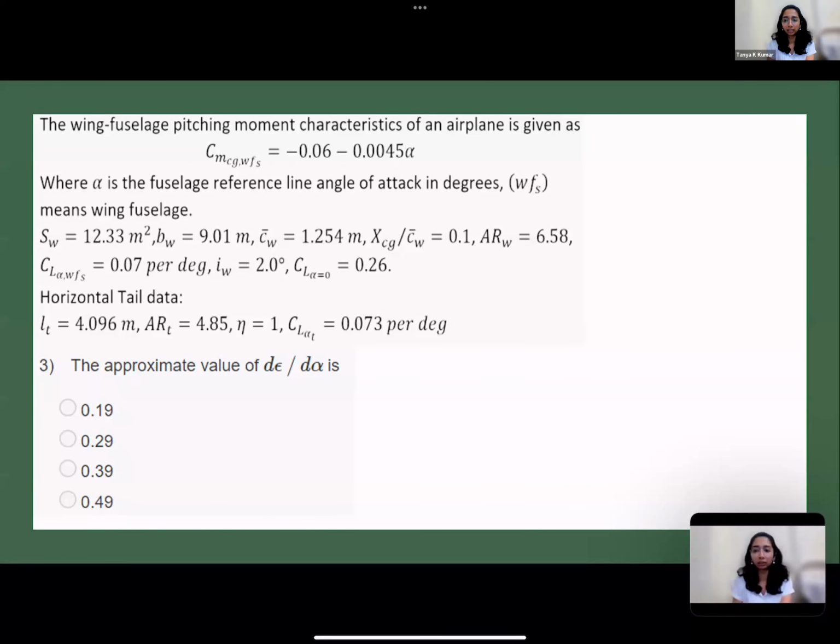Why did it come into this derivation? Why did it come into this equation? What is epsilon?